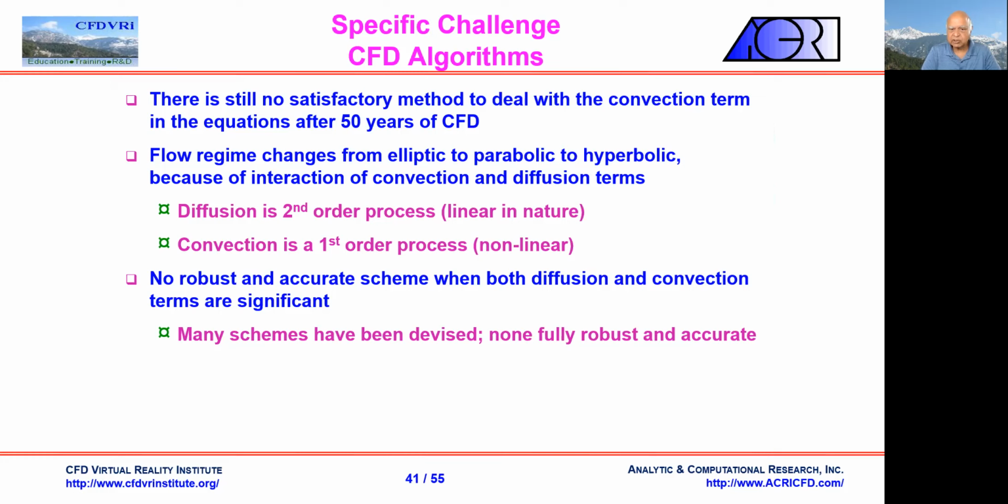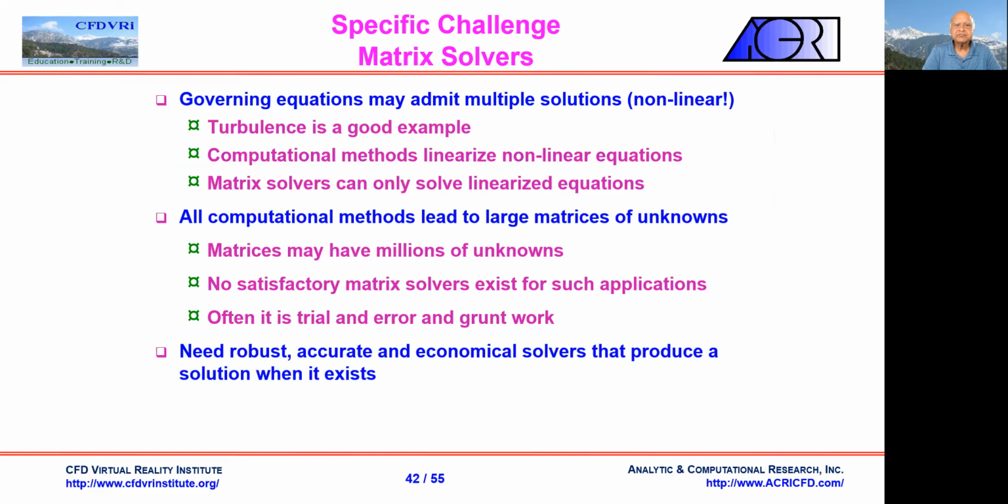Diffusion is a second order process. It is linear in nature. Convection is a first order process and leads to non-linearities. There is no good, robust, accurate scheme that combines these properties. Many schemes have been devised, none fully robust and none accurate under all practical conditions.